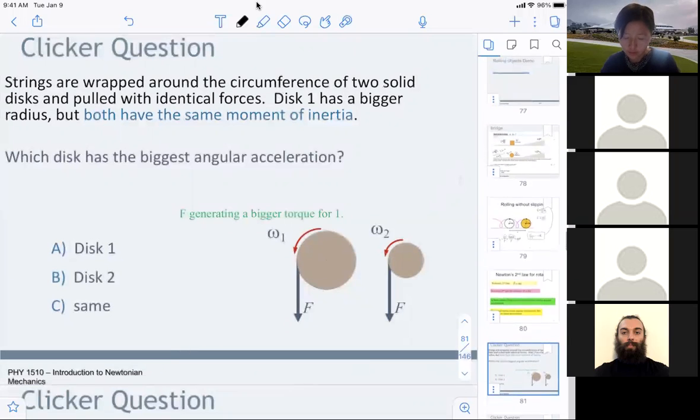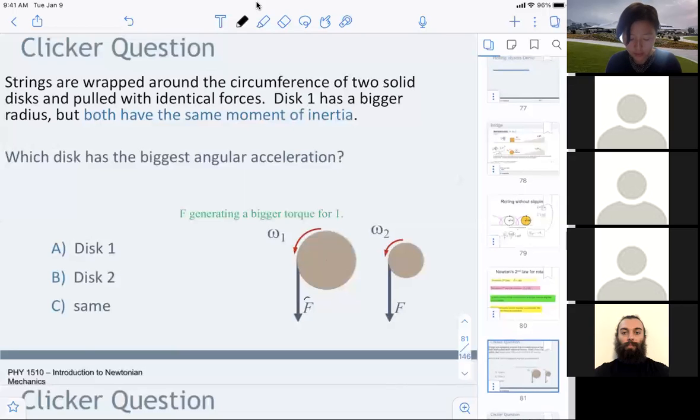All right, so let's start out with a quicker question with two disks that are being pulled by the same force. You can see that they're rotating with angular velocity omega 1 for disk 1 versus omega 2 for disk 2.